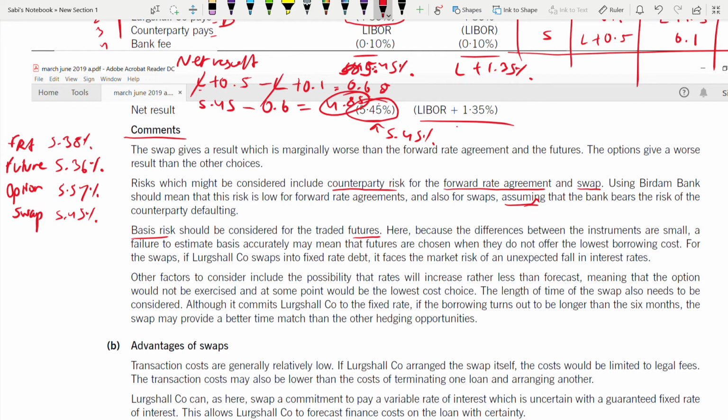You just cannot jump to a conclusion like this. Remember, even though in your mind it is there that at the end I will be answering this only, but before that, you have to talk about all this risk. Here, because the differences between instruments are small, a failure to estimate basis accurately may mean that futures are chosen when they do not offer the lowest borrowing cost.